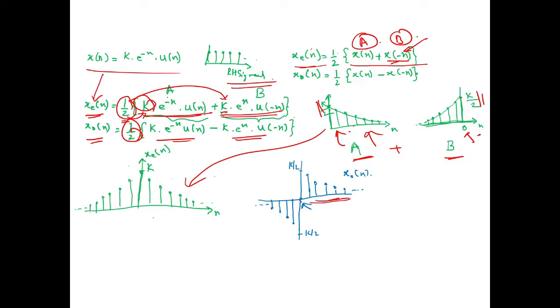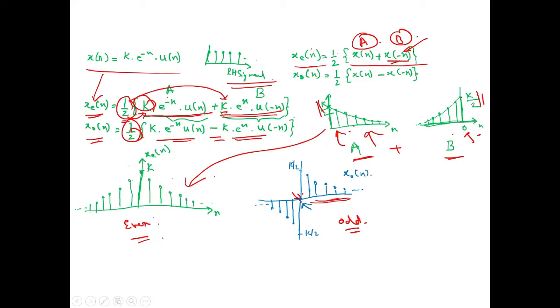At 0, k by 2 minus k by 2 would be 0. If you see, the value is 0 over here, and the b component, since there is a negative sign, would be inverted. So this is the even component of the signal, and this is the odd component of the signal.